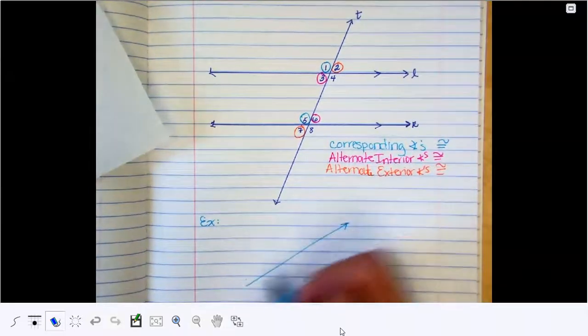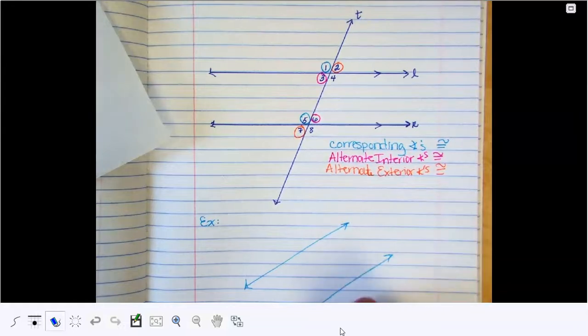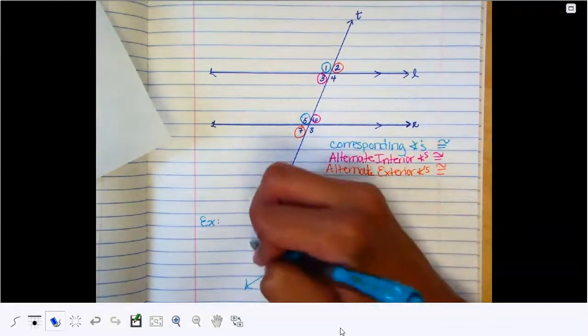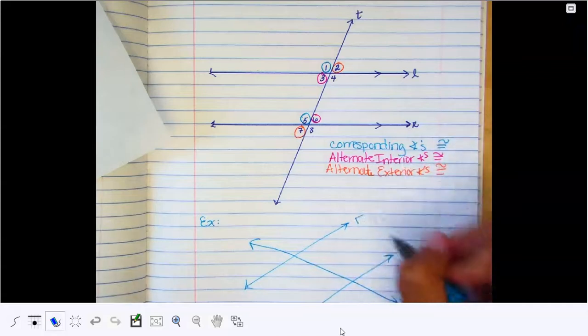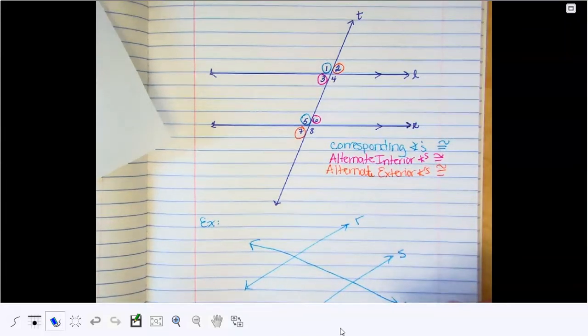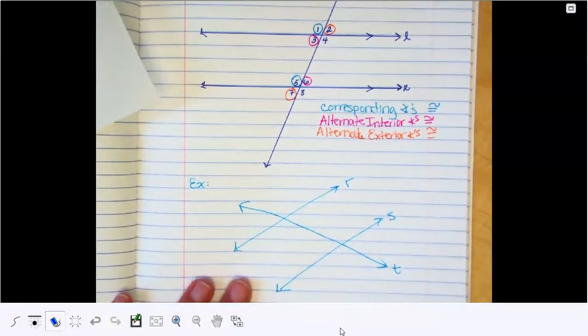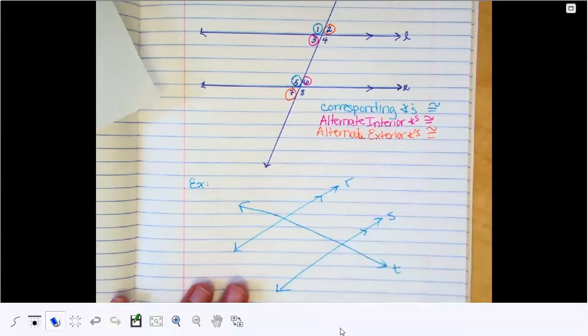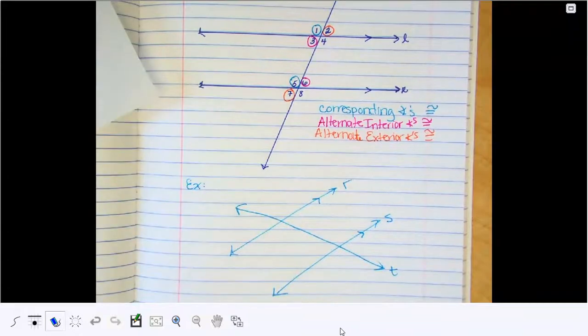I have 2 parallel lines. This is R, this is S, and this is T for transversal again. And we're going to say that R and S are in fact parallel to each other, just like these two were parallel to each other.